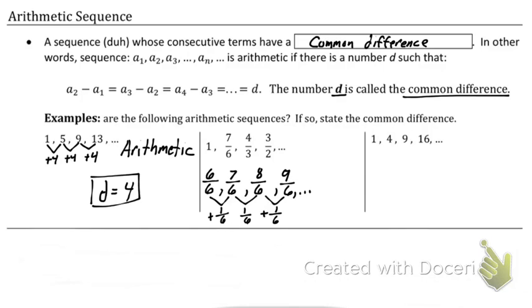I should put plus signs on everything because we could be multiplying. So that means it is arithmetic. And our common difference, or our d, is just 1 over 6. So it's arithmetic, and I came up with the common difference.